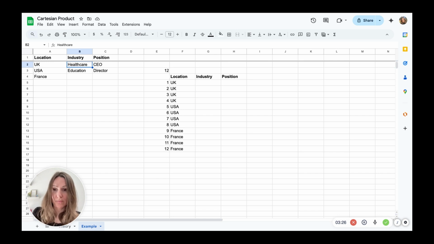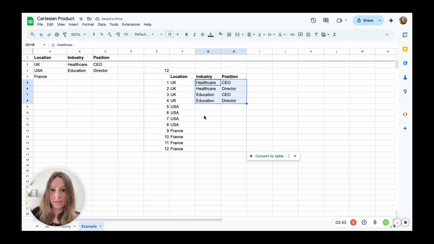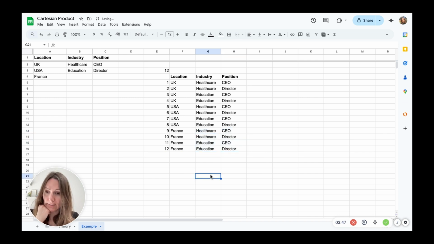So it will be like this and this, like this and this, and here it goes like this, and like that. So we have all the combinations listed here, so we can highlight some of them.